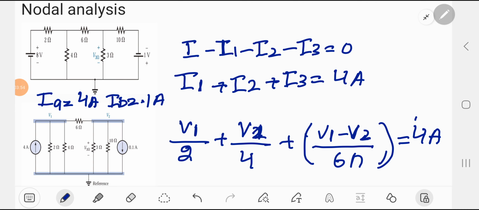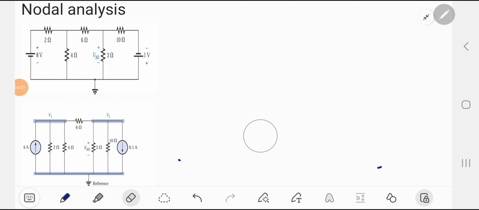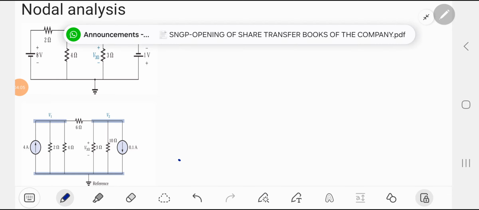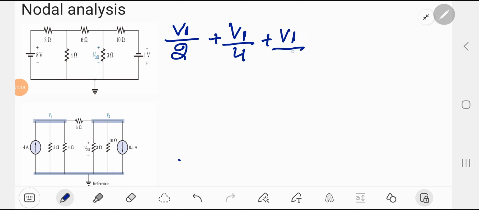Now let's simplify this equation. V1 divided by 2, V1 divided by 4, V1 divided by 6 minus V2 divided by 6, which is equal to 4 ampere.